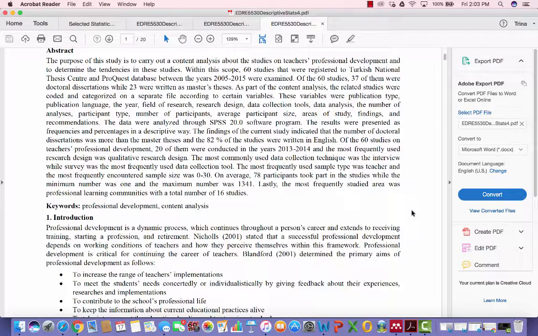coded for. The descriptive statistics includes words like frequency and percentages, and they're written up in a descriptive way. So the study is overall a good example, I think, of how descriptive statistics are used to formulate and support arguments in an overall qualitative study.